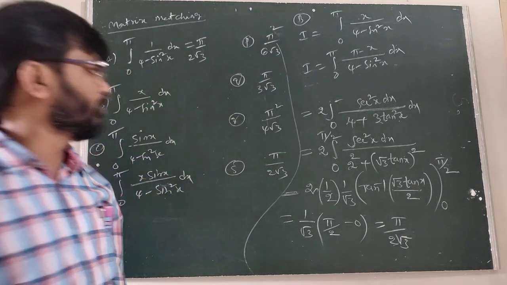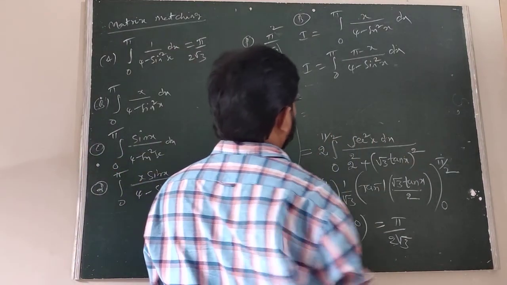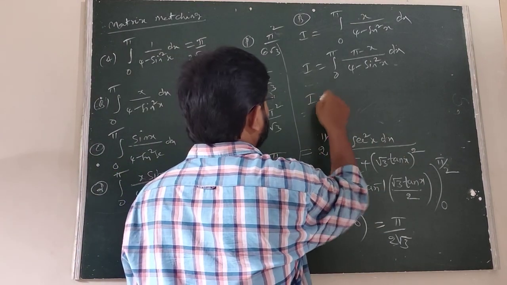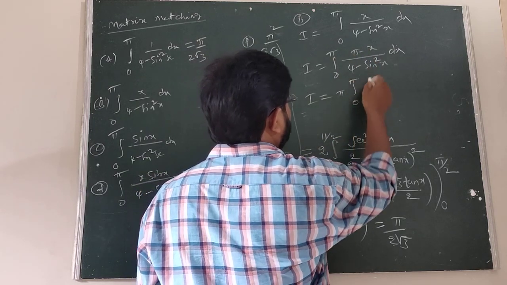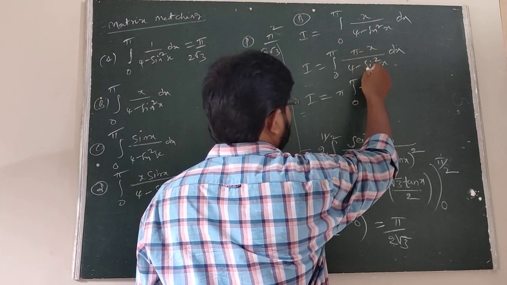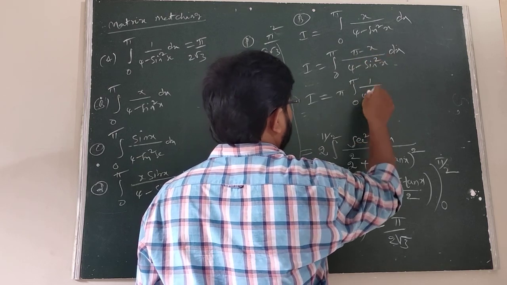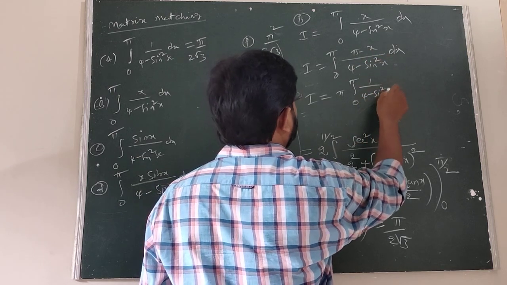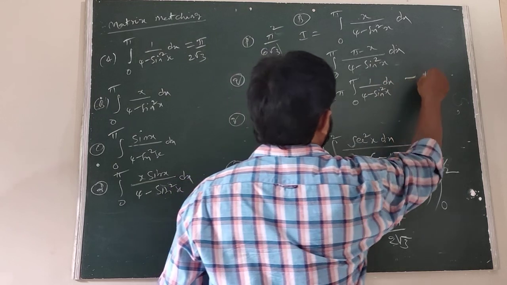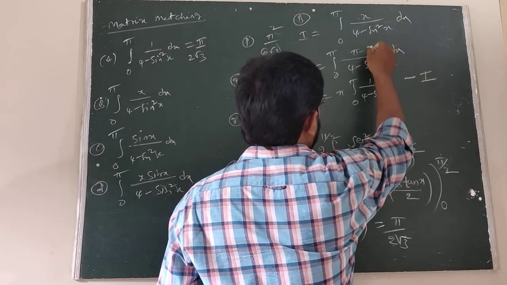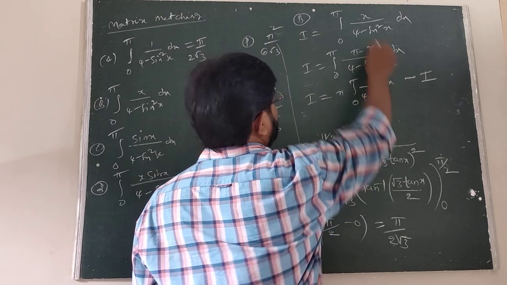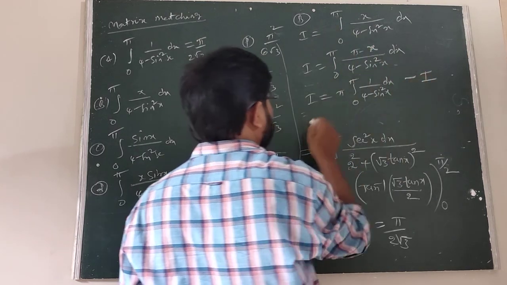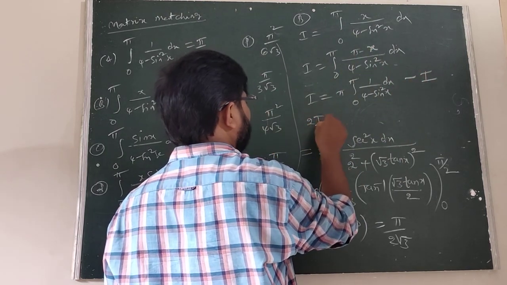After that, split into two integrals. How to write this one? I equals pi into the integral from 0 to pi of 1 upon 4 minus sine square of x dx, minus the integral of x by 4 minus sine square x, which is I. Minus of minus is 2I.